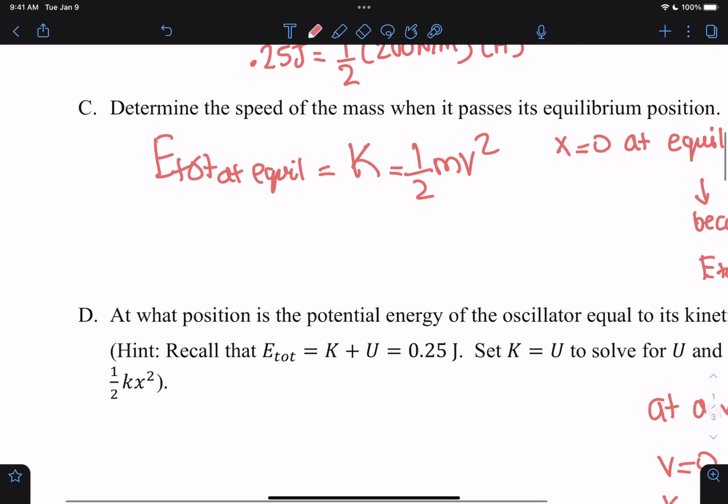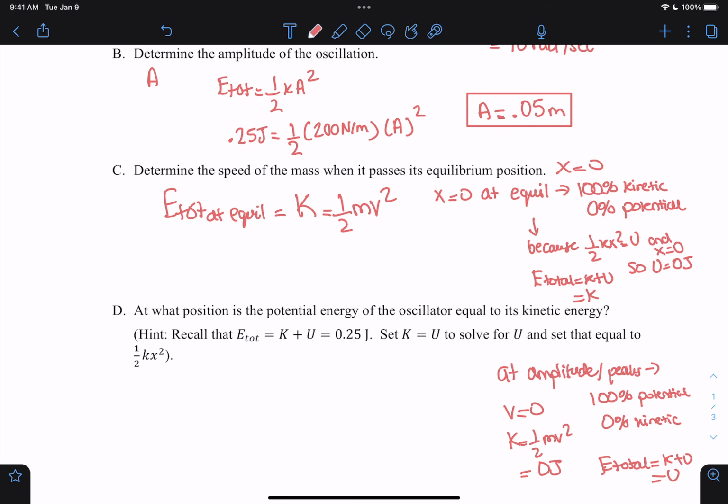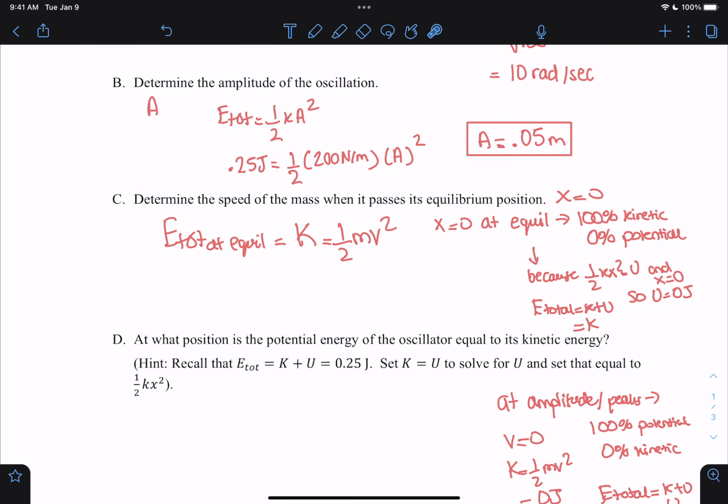Okay. Now, going back to part C, where we're looking at the total energy at equilibrium, like I said, if you're at equilibrium, your total energy is kinetic, and you must have that same 0.25 joules from the beginning where you were at the peak. So that 0.25 joules is going from all potential to all kinetic now. So 0.25 joules is equal to half mv squared, where m is 2 kilograms, and then we're looking to find out what v squared is, right?